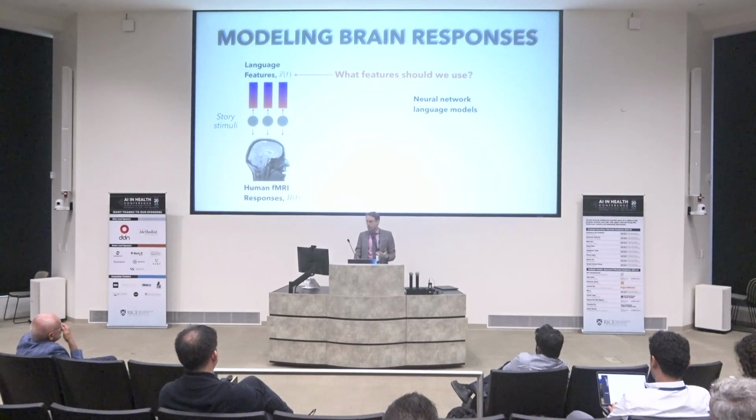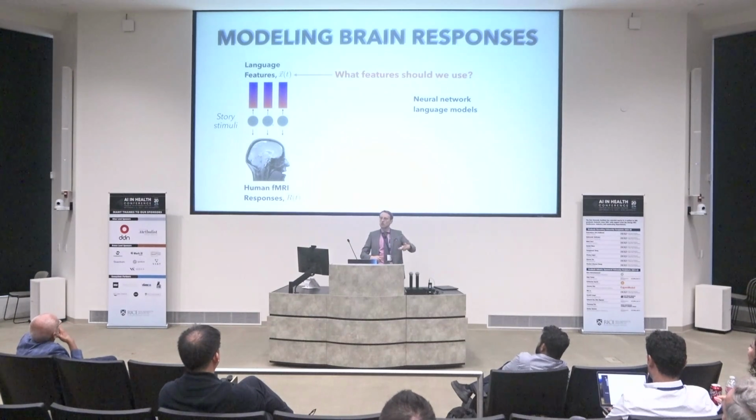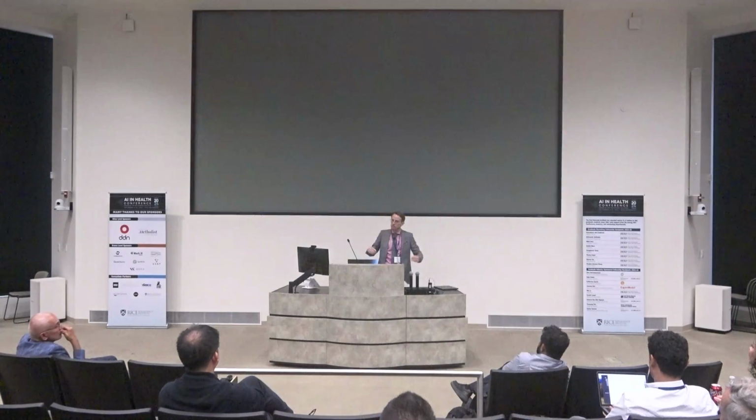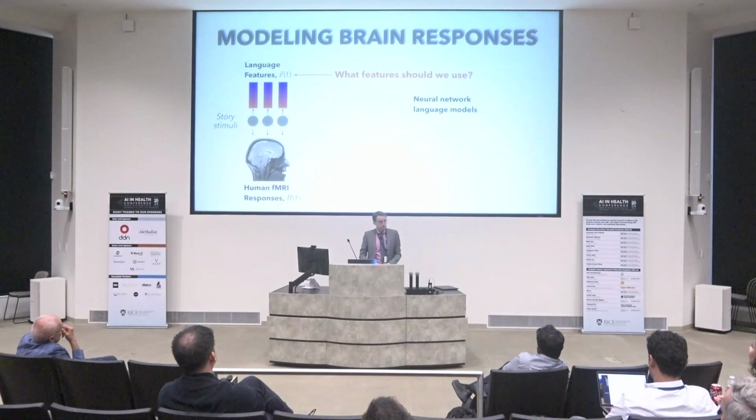So the idea here is the words that the person is hearing, we give those to the language model as well. We have this big neural network model. We feed it words. It's sort of reading the words as a person is hearing the words. And then we extract from somewhere deep in the middle of that model how it's representing this piece of language, how it's representing the sequence of words that it's heard. And then we use those as the features to predict brain activity.